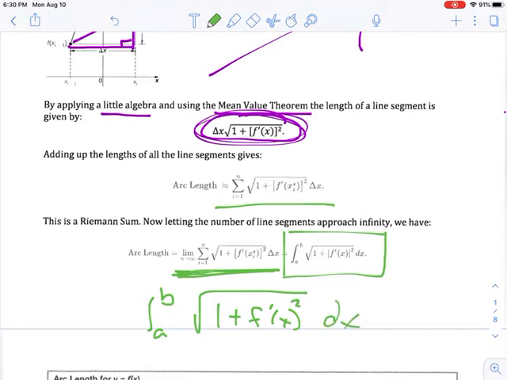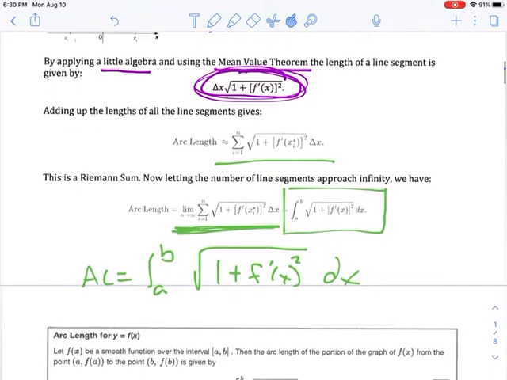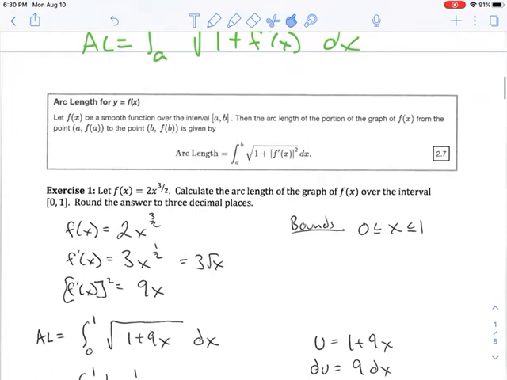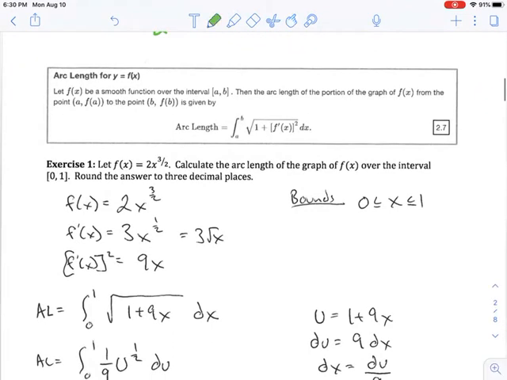So that is our arc length formula. And we can see that right here in the box. All right, so that's the formula that we're going to use. Again, I skipped some steps in the development of the formula. If you're interested in that, go to your OpenStax textbook and you can become more familiar with that.